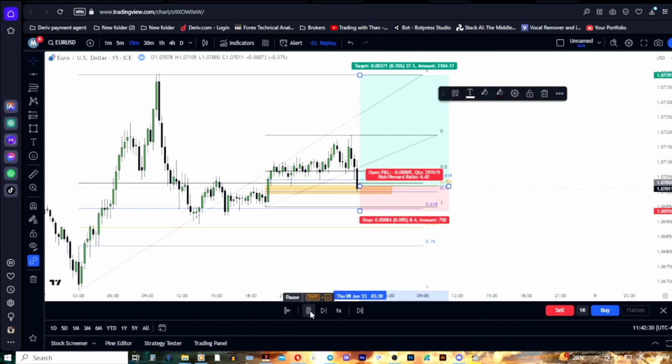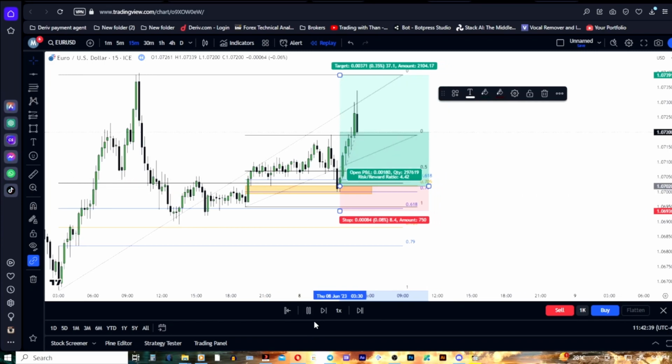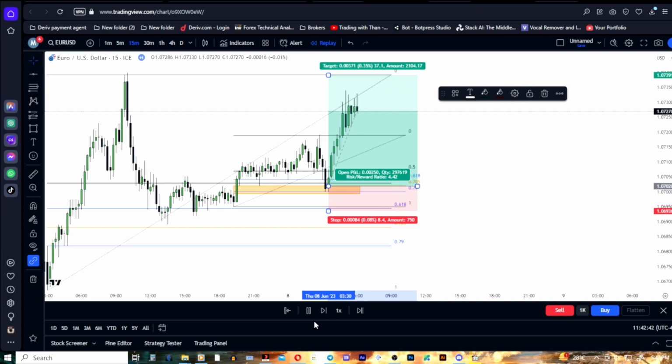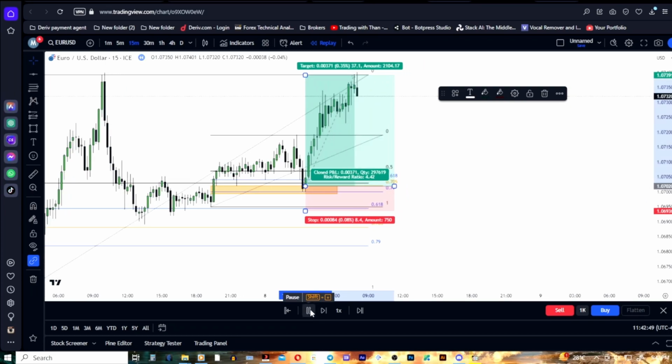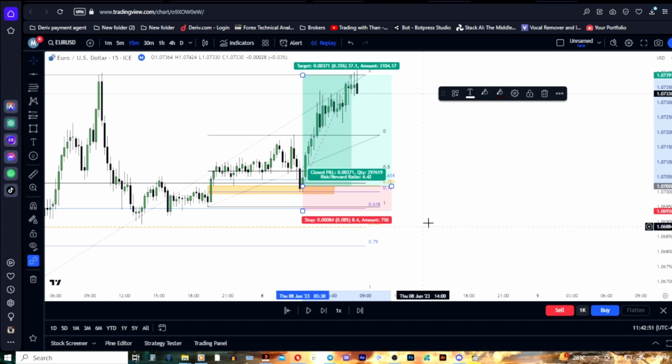So let's play price and see what happens. And there you go. So basically this is the basic way on how to use optimum trade entry.